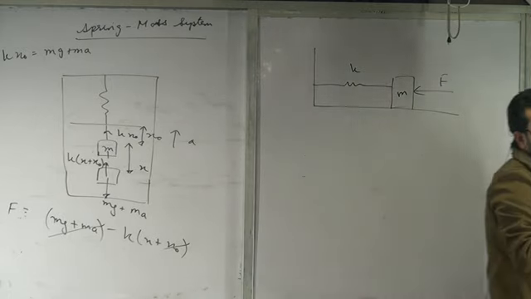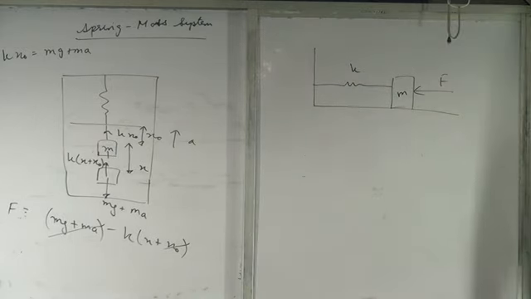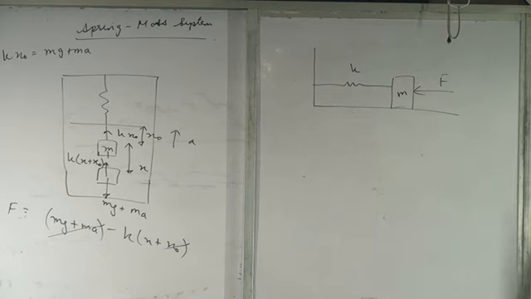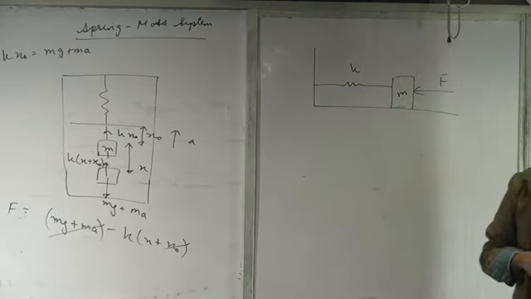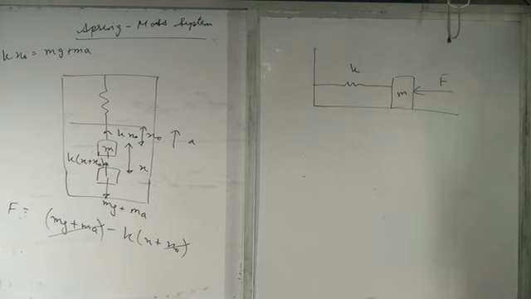A constant force F is applied on the particle. Initially the particle is at the natural length of the spring. A constant force F is applied on the particle. You need to find out if this is an SHM or not.